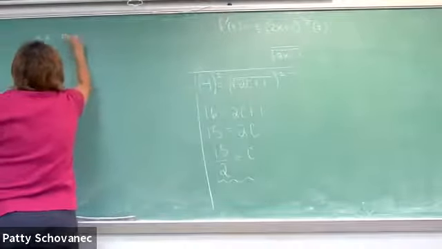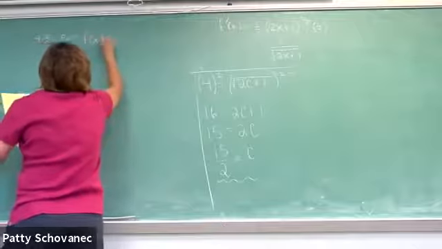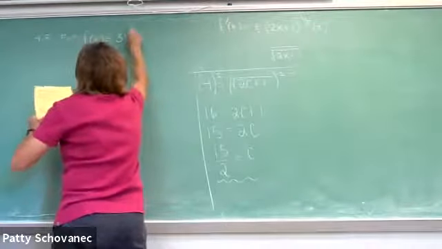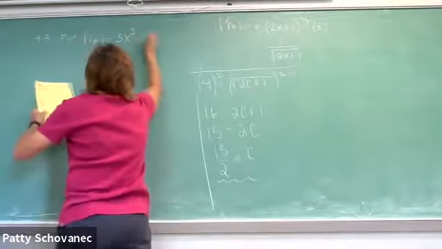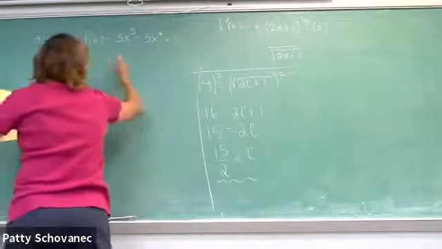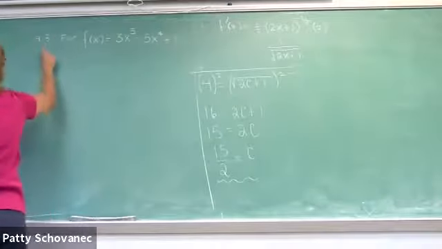So for f of x equal to, let's go with a 5th degree polynomial, 3x to the 5th minus 5x to the 4th plus 1. Find everything here.